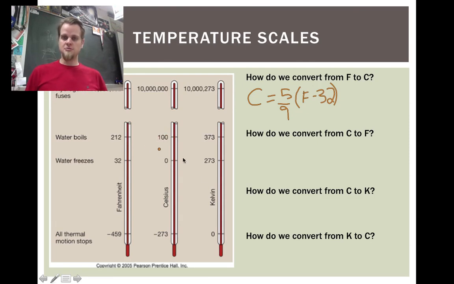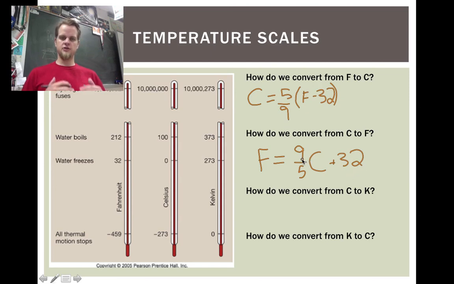Now you could just do some algebra to get the opposite way, but I want to show you that to find Fahrenheit when given a Celsius number, all you do is flip this, and you take 9/5 of the Celsius number, and then add 32 after you take the 9/5. That way you're adjusting for the scale difference between water boiling and freezing, and then you add 32 for that shift.